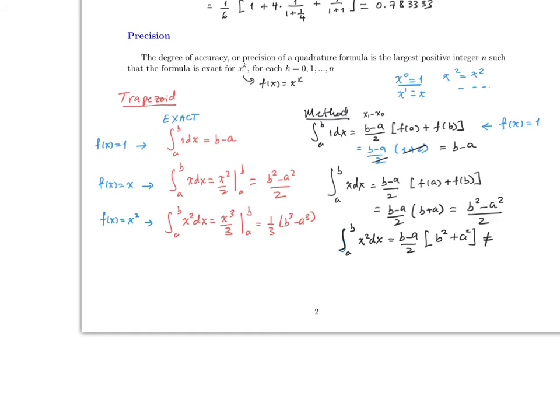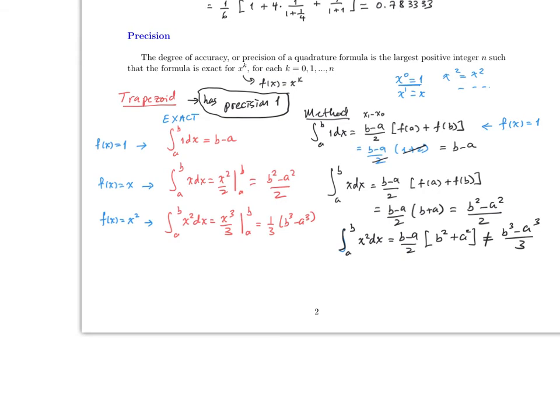And notice that this is not equal to b cubed minus a cubed over 3. So the maximum precision you have is 1. Therefore the trapezoid has precision 1. Again, you're going to see this multiple times throughout chapter 4.